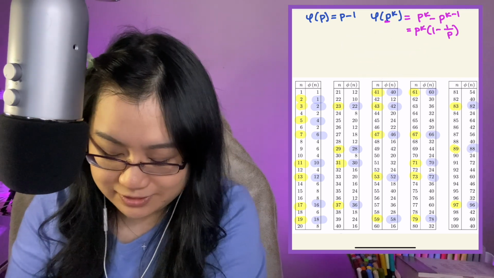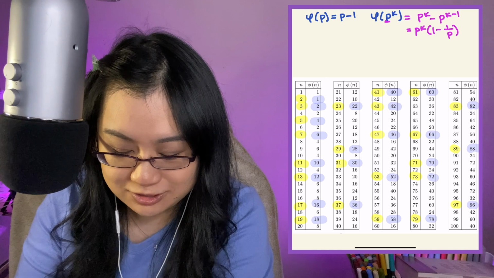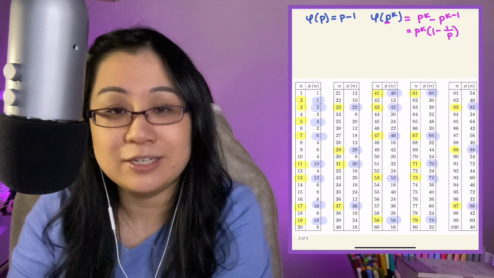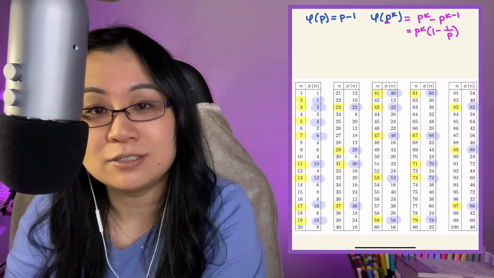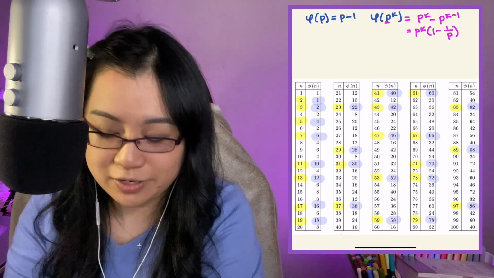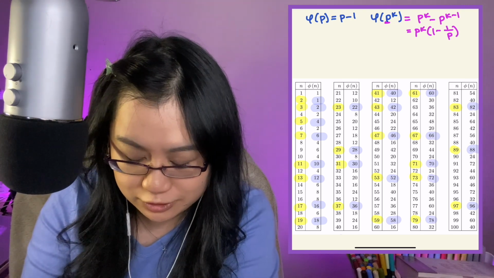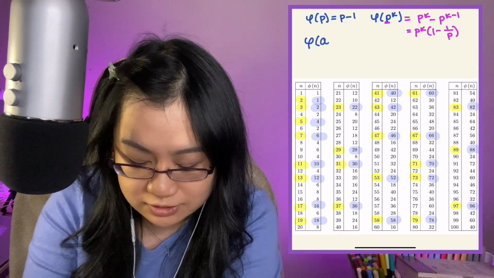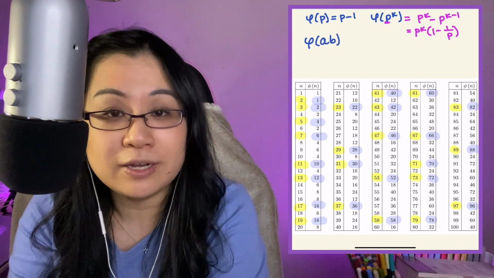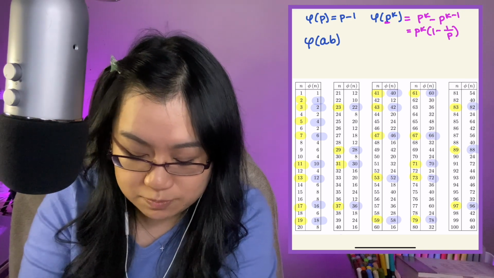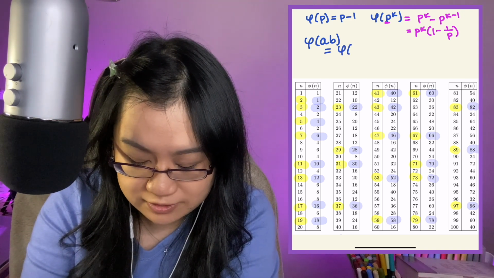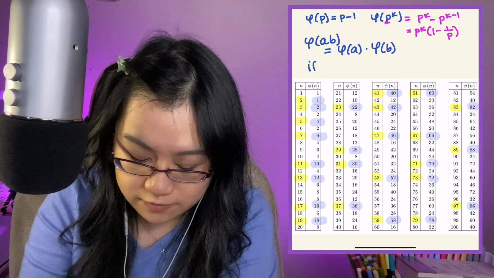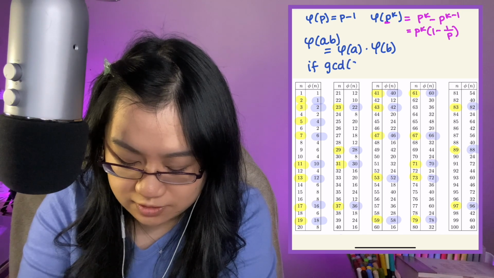So I do want to end with the coolest one, I think, which is just a general formula for finding phi of n in general. So any n, not just primes or powers of primes. But before we do that, I wanted to share another property, which is that this totient function is multiplicative, in that phi of a times b is equal to phi of a times phi of b, but only if the GCD of a and b equals 1.